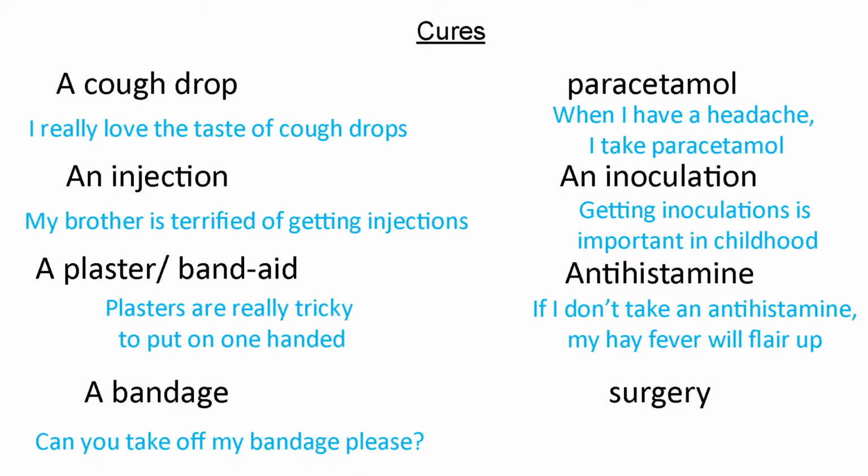Antihistamine. If I don't take an antihistamine, my hay fever will flare up. So an antihistamine is a type of medicine or drug which stops inflammation. It stops your body from swelling up, from becoming bigger and filled with liquid, I suppose. I'm not a doctor, but that's what I think it is. And hay fever, this is actually a type of illness.